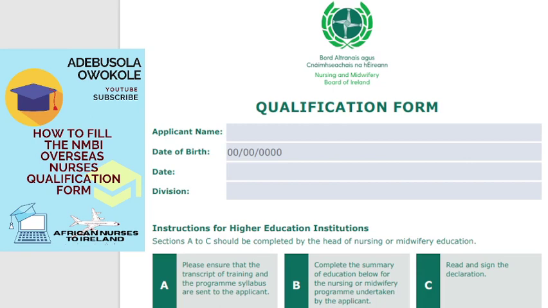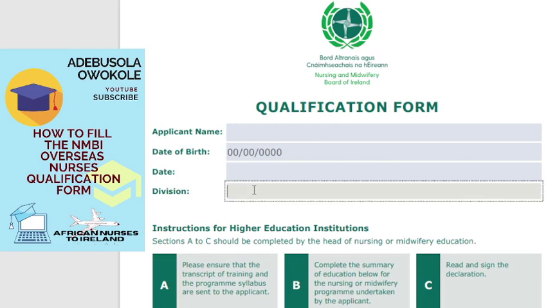Another thing you need to know is that if you are going to be adding another NMBI division, in your division slot you put one division at a time. So if you are planning to get your midwifery recognized, or your pediatric nursing recognized, or your mental health recognized, then you need to fill 2 or 3 qualification forms.